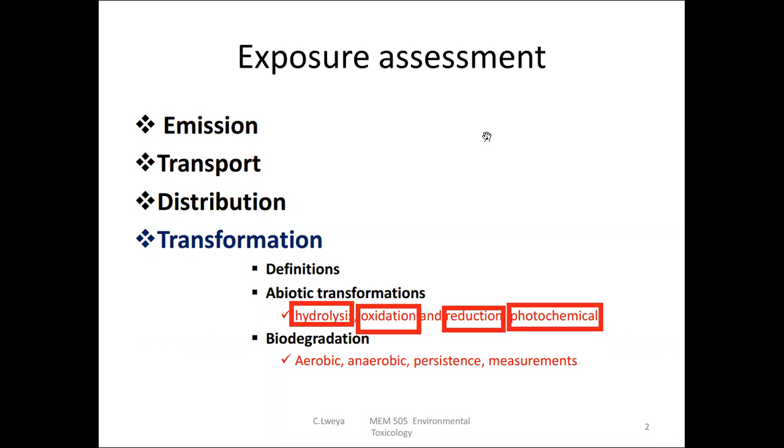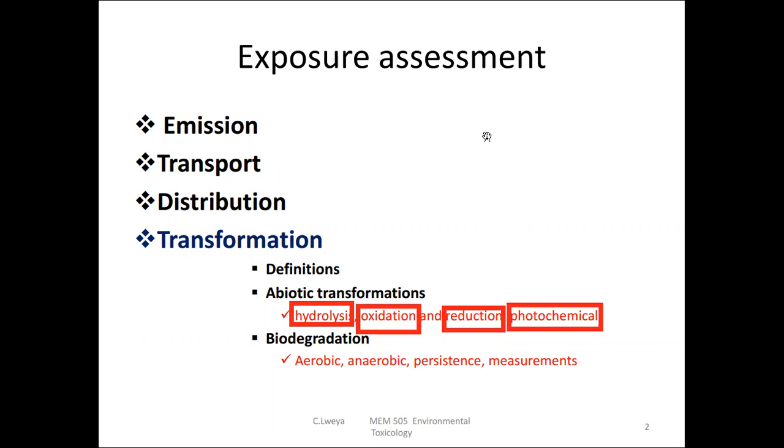Then 3, we need to state what happens to the chemical after it undergoes any of these processes. Does the chemical become more dangerous or does it become less harmful? Because those are the main components that we are dealing with today.